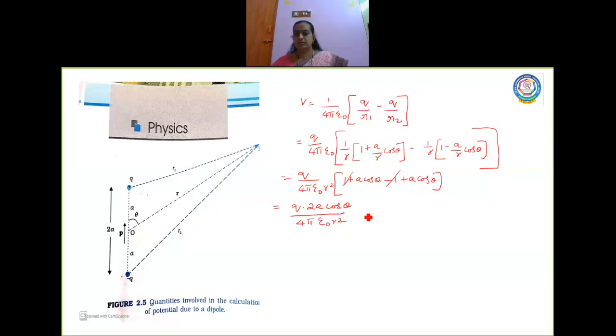So what is this 2qa? 2qa is nothing but p, which is dipole moment. So it is p cos theta by 4 pi epsilon naught r square, which is the equation for electric potential due to a dipole.